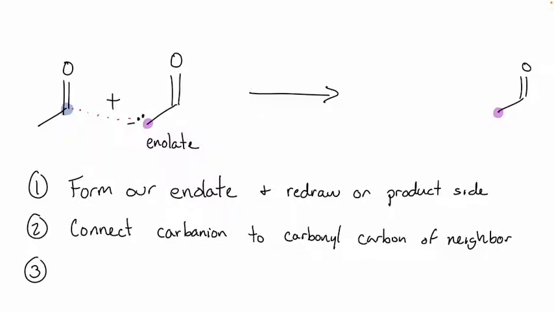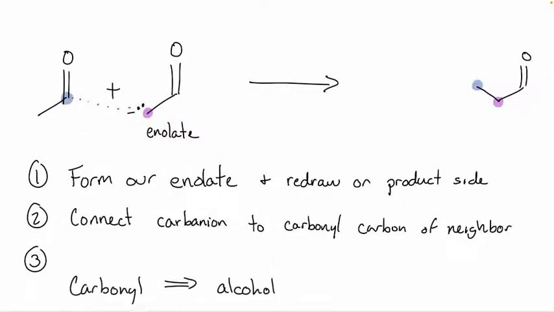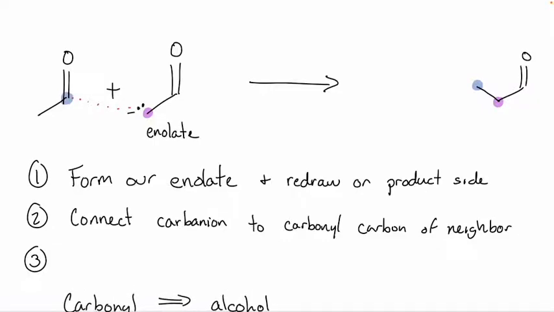And then lastly, that carbonyl has to become an alcohol. So I'm going to draw this new bond. This was my carbonyl carbon. I guess we should add a step where we draw in remaining carbons.